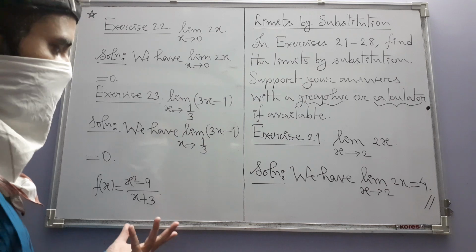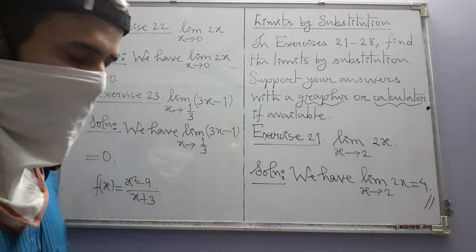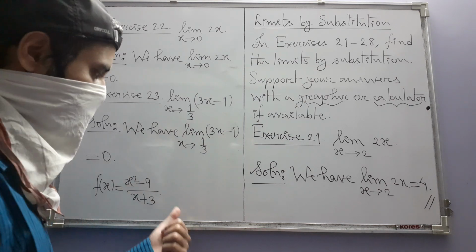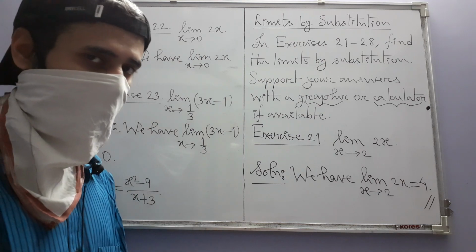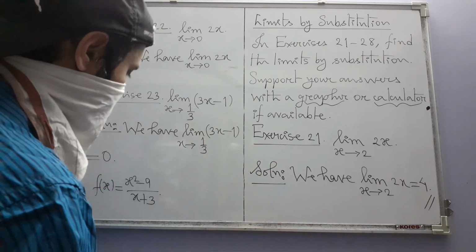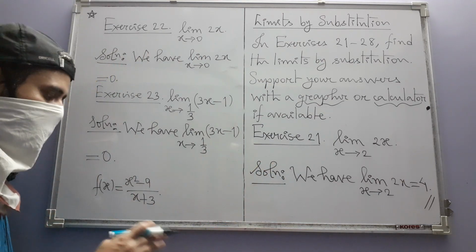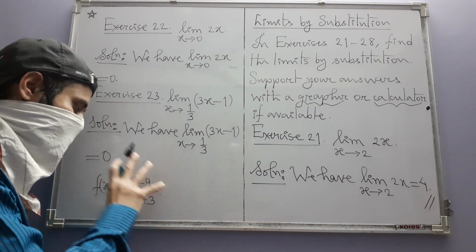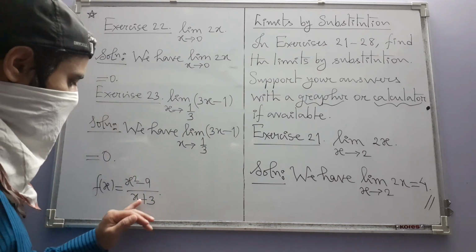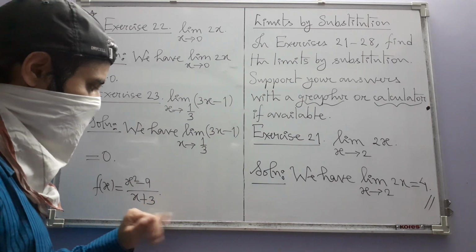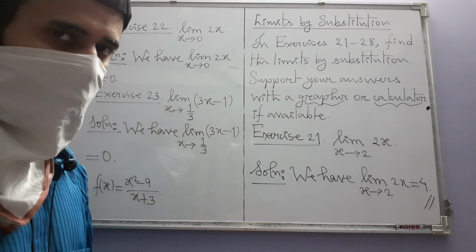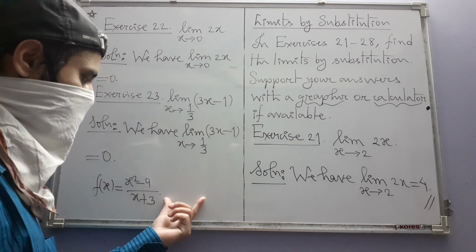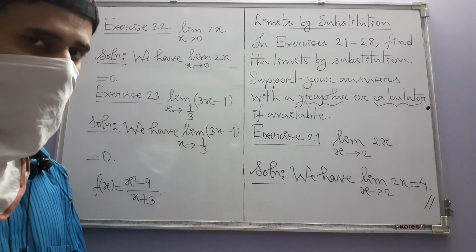Now do you notice one thing, that in our 11th exercise we had this function. Now here also one can get the limit as x approaches -3 by substitution, and in fact that's what we did there. But you cannot immediately put x equal to -3 in the formula of the function itself. You have to simplify it, reduce it as much as possible so that we can see what the final expression is.